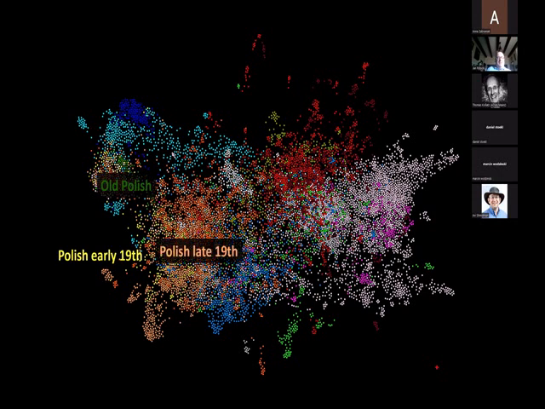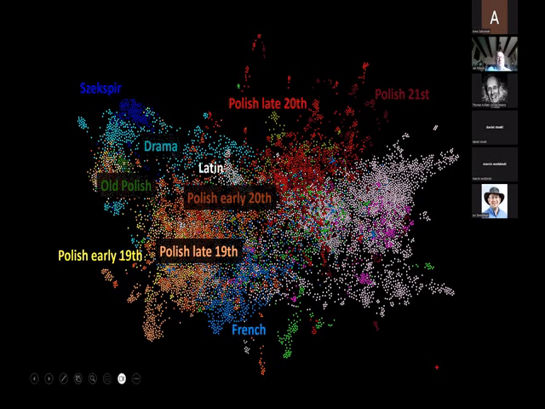As you can see, first there is a sort of a bottom left to top right movement of original Polish writings, and then we have a separate signal of genre with the light blue drama, and that's how we spell Shakespeare in Polish, as it should be, and then we observe that text translated from other literatures to a large extent like to stick together, and also some of them depart quite far from the original Polish writings.